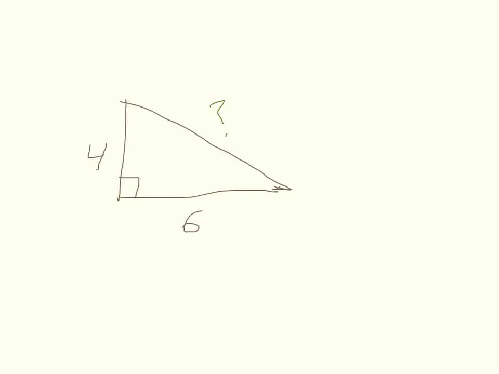Okay, here we have a triangle, and we're trying to find this side over here, and we know the formula a squared plus b squared equals c squared, and c always has to be our hypotenuse, so this is going to be c. It doesn't matter if we call this a and this b, or vice versa. We'll just call it 4 a and 6 b.